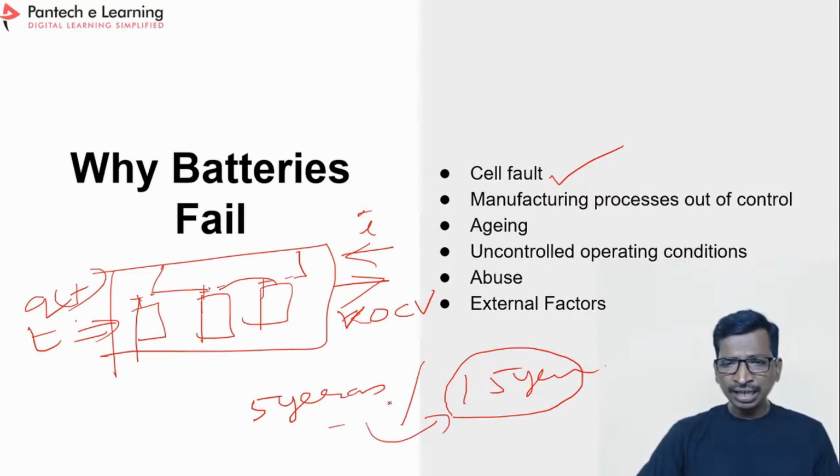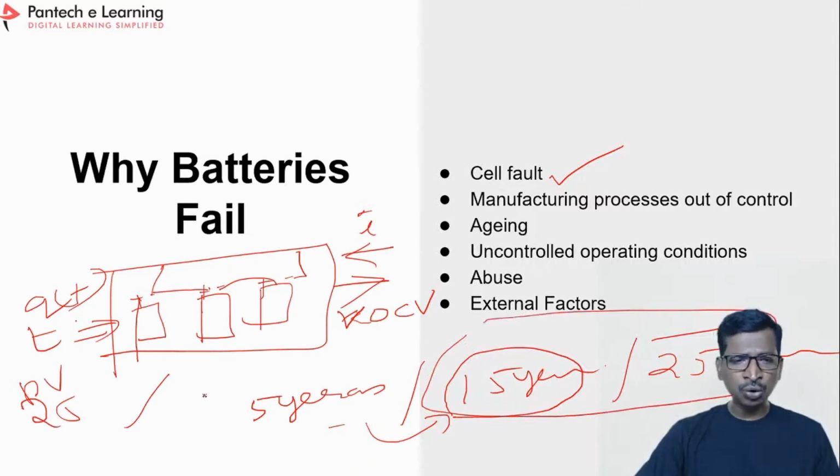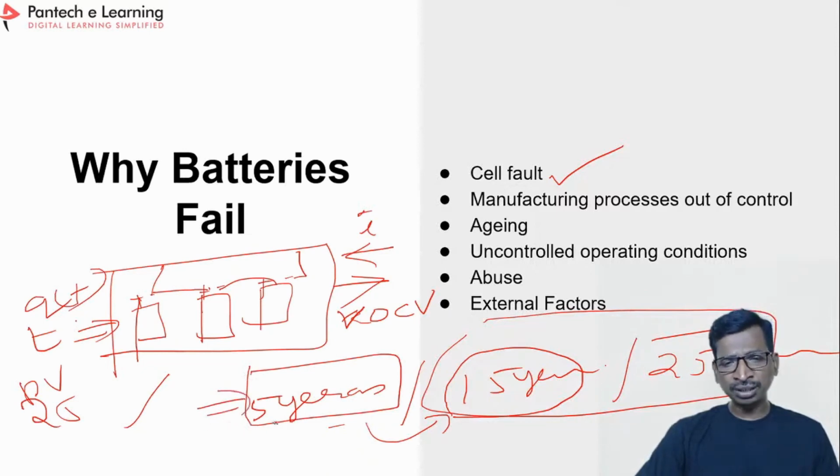One research group is working toward 25 years. Generally, only solar panels, the PV panels, nowadays get a warranty of 25 years. But for batteries it is not in the market; commercially available batteries still have only 5 years.